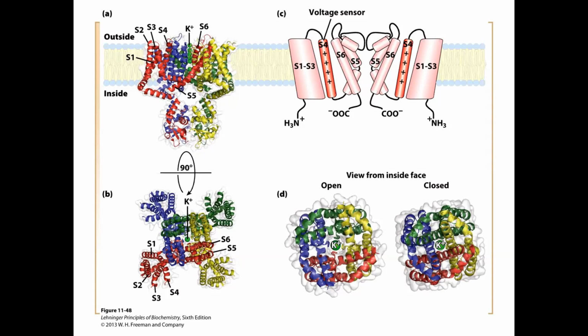But the S4 has those arginines, and it's a change in configuration of those arginines in response to the change of the membrane potential. As the voltage-gated sodium channel opens, sodium will now pour into the cell. That now causes the membrane potential to become more positive. That's going to cause those arginines now to move away from the more positive inside of the cell.